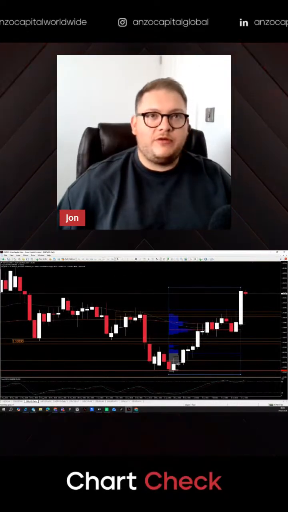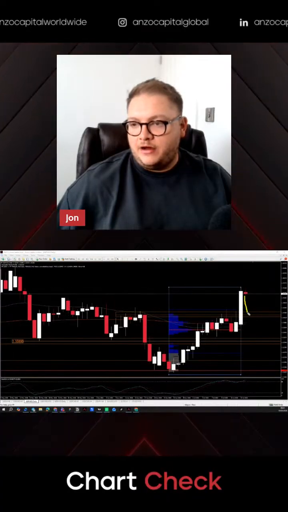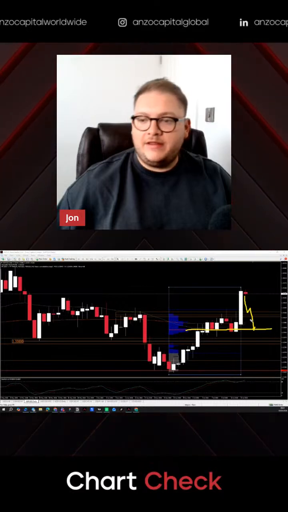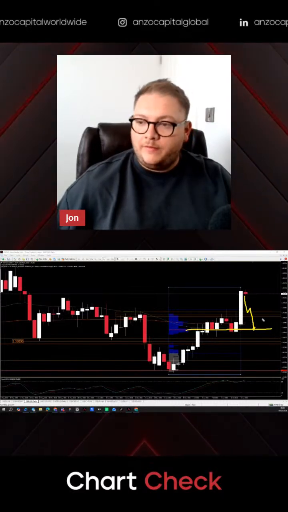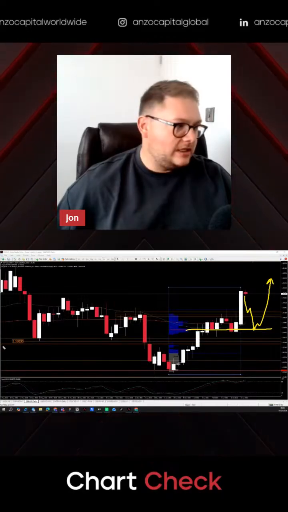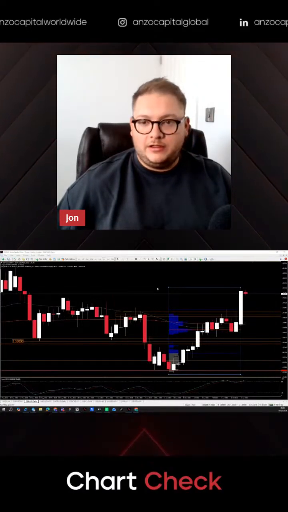For instance, if price does pull back, break through the value area high and trade a little bit lower, maybe we could look for longs around about that point of control at that 133.50 for a continuation to the upside there on cable. So I really like this market still for a long.